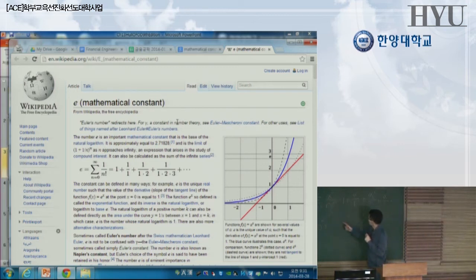Now this term is the same as this one, and this one is the same as this one. Therefore, the very interesting property of e to the x is that if we take the derivative, it is itself. f prime of x is simply f of x.